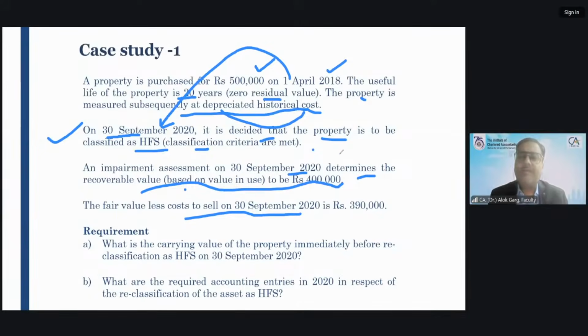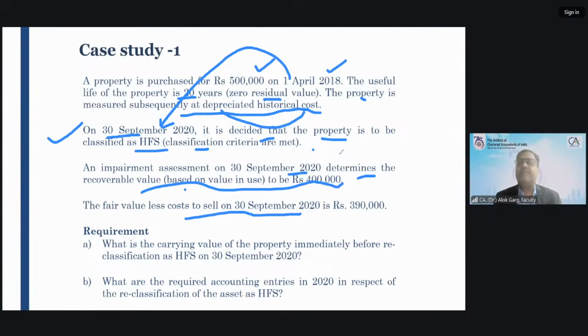You're absolutely right. First of all, we need to determine the carrying value as per the respective standard. In this case, the respective standard is Ind AS 16 Property, Plant and Equipment, up to the date of classification as held for sale. Ind AS 16 says that whenever you need to determine the carrying value, the formula is cost minus accumulated depreciation minus accumulated impairment losses.